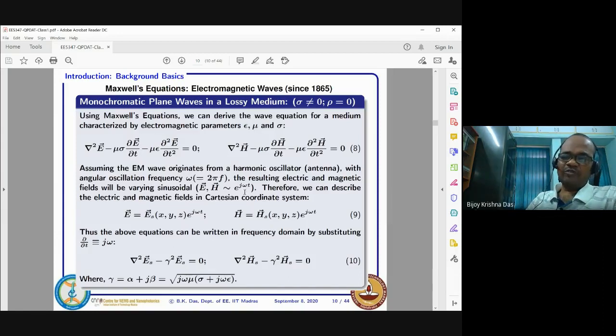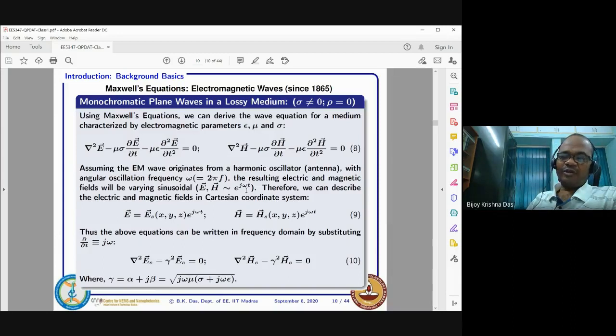Now instead of sin omega t and cos omega t, we are using an exponential term here because we are putting in complex forms so that we can distinguish one field from another if there are two different sources. Even though they have the same frequency, they can have an initial phase difference also.